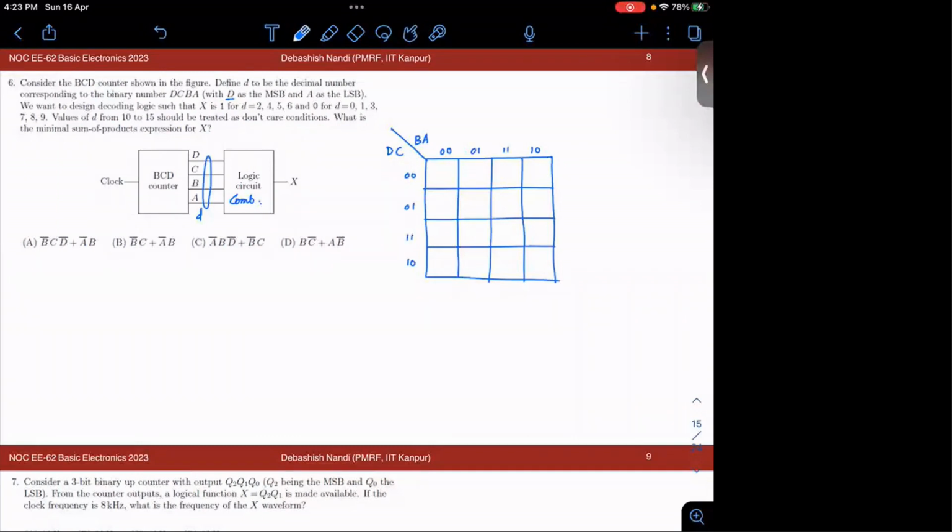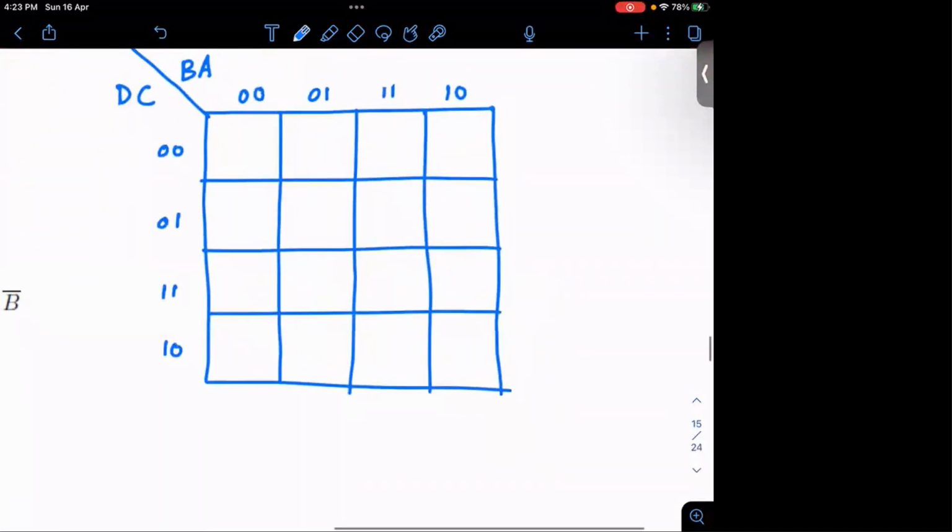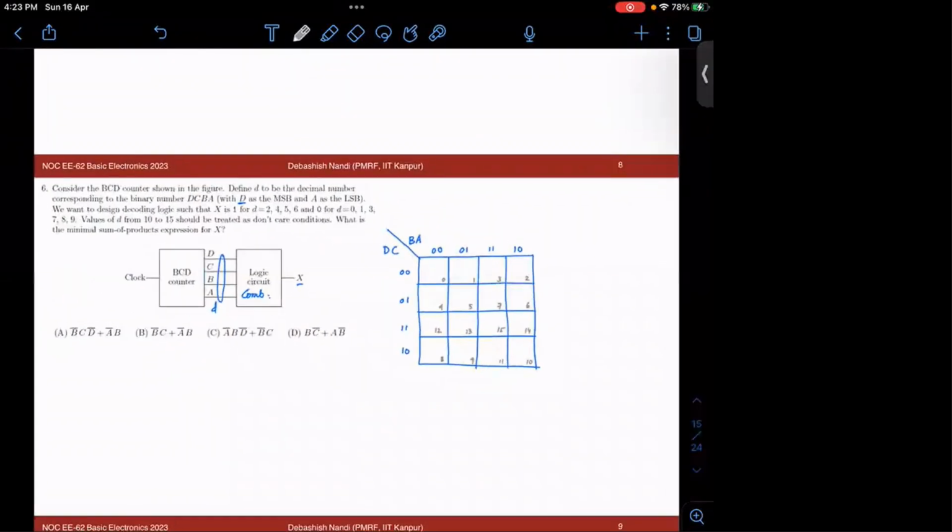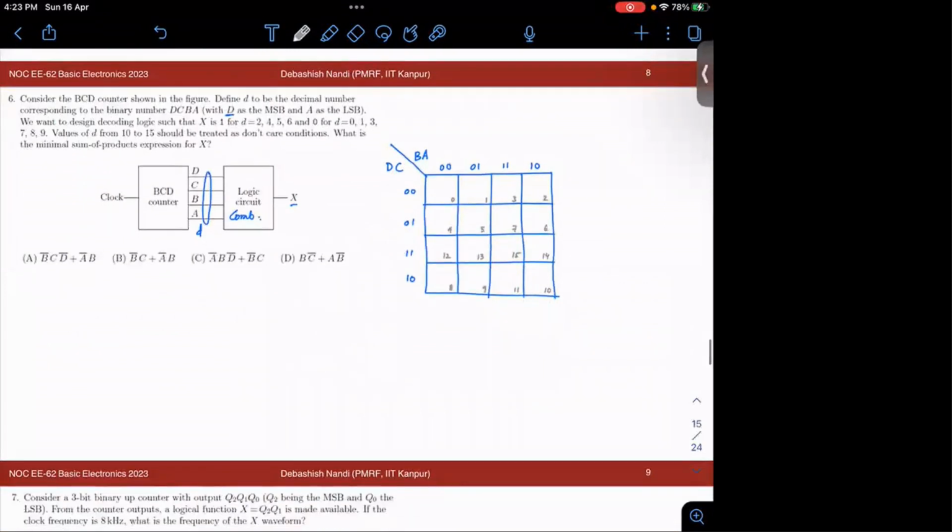Fine. So we have X is 1, output is 1 when D, let me just specify what are the values here. 0 1 2 3 4 5 6 7 8 9 10 11 12 13 14 15. Okay, so what do we have?